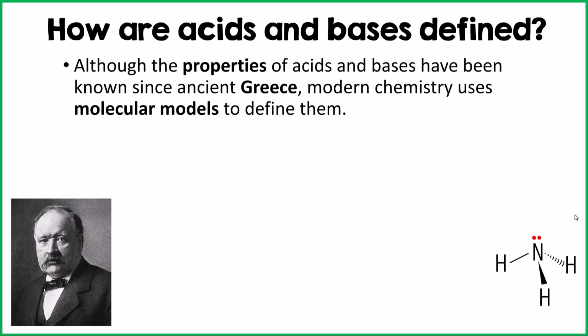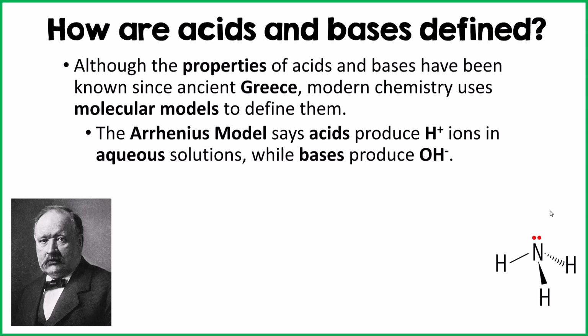So just like you might have some idea of acids and bases and their properties or how we might use them from everyday life, ancient Greeks did know quite a bit about acids and bases, but they did not understand the molecular chemistry of them. And so some scientists in more modern days have used molecular models to explain more clearly the properties and attributes of acids and bases.